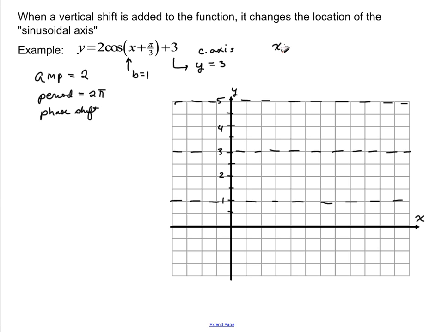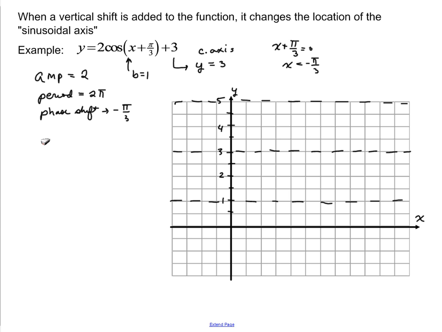So if x plus pi over 3 is equal to 0, then our phase shift is x equals negative pi over 3. So our phase shift is left, negative pi over 3. All right, so far so good.